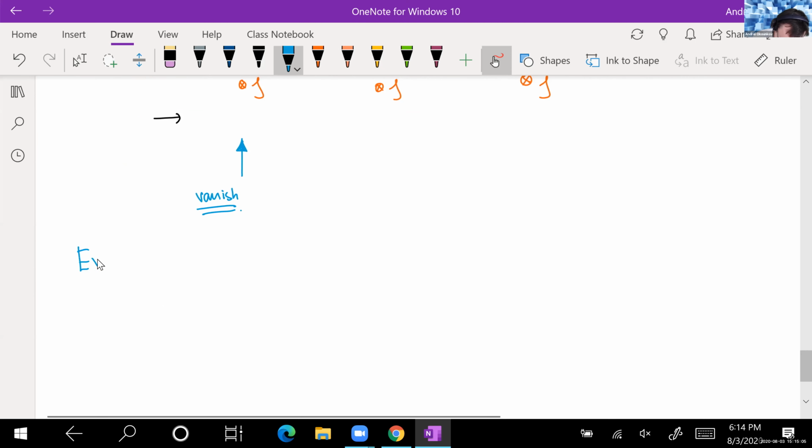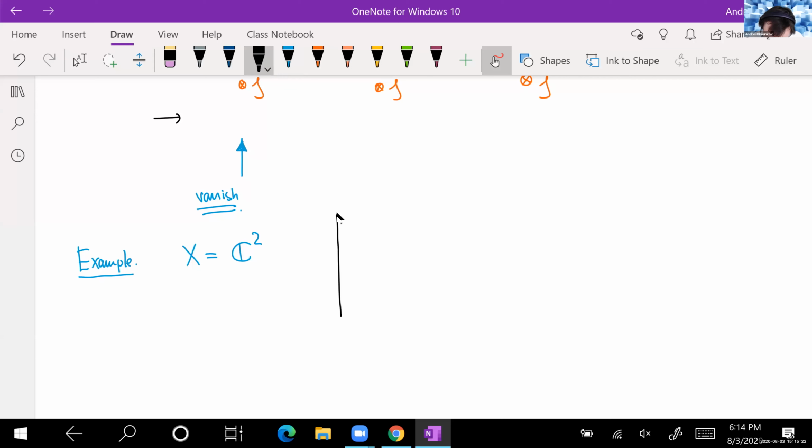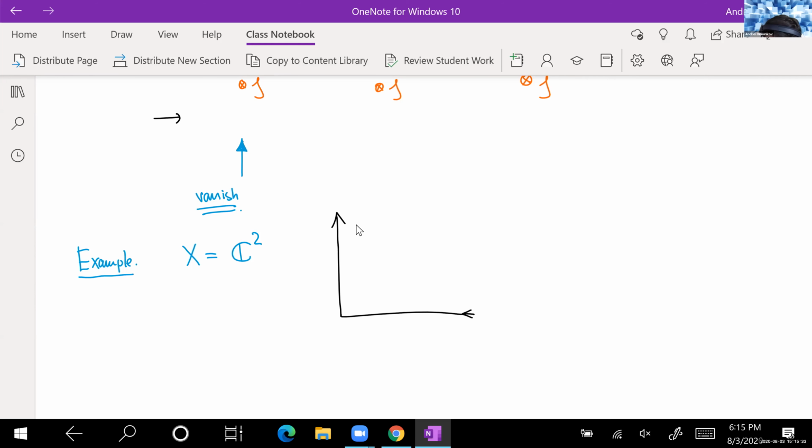Example. Suppose X is, I don't know, C2. Since we're talking about attracting and repelling manifolds, let's suppose we have a group action on that C2. It attracts with some positive weight, and then it repels in the other direction. So this would be the attracting direction, and this the repelling direction.